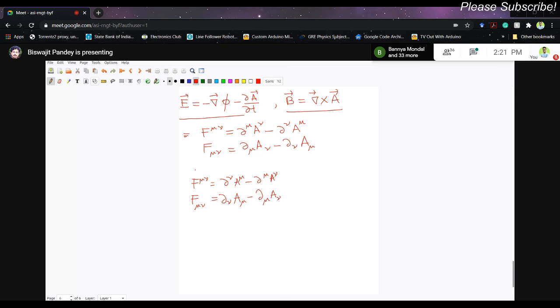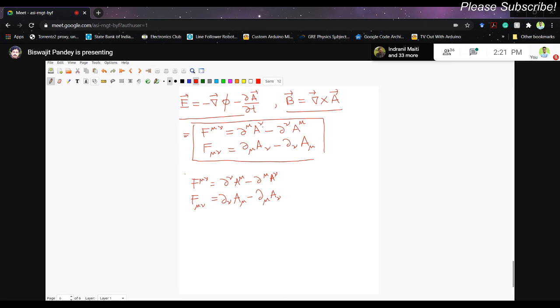Anyway, my goal is not to confuse you, but to clarify that you should be careful about what kind of form you have chosen for F mu nu. It is not that you can write whatever you want. My point is that once you choose your F mu nu, you have to stick to a particular notation. So we shall stick to this notation, because it is a bit easier to remember: mu nu starts with mu nu, and nu mu just switches the order. Here it is just opposite.